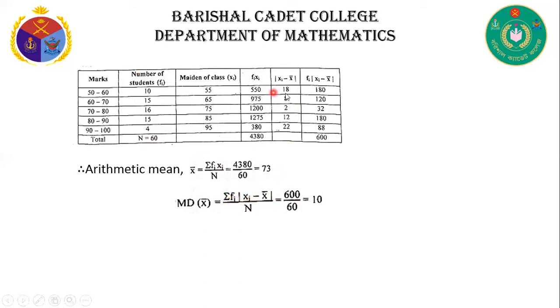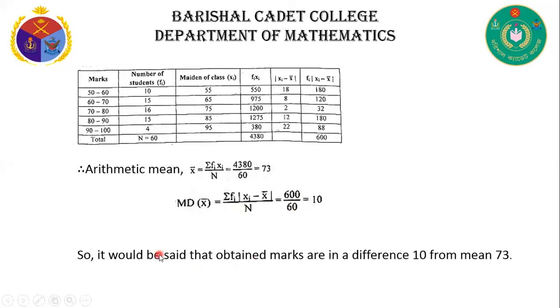First the Xi, then Fi Xi, then modulus of Xi minus X bar, then Fi into modulus of Xi minus X bar. The sum of this data is 600. Putting this value here, 600 by 60 is 10. So it would be said that the obtained marks differ by 10 from the mean 73.